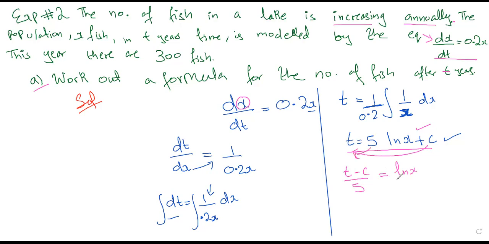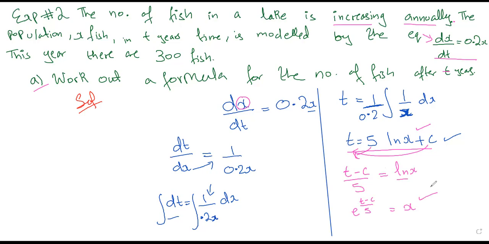And I need to get rid of this ln. So how do I get rid of this ln? By taking the exponential, e, on both sides. Very good. So this would be e to the power (t minus c) by 5 equals x, right? Okay, so we are done.